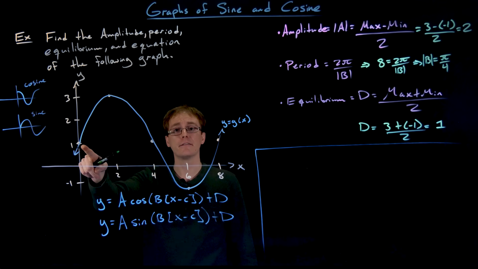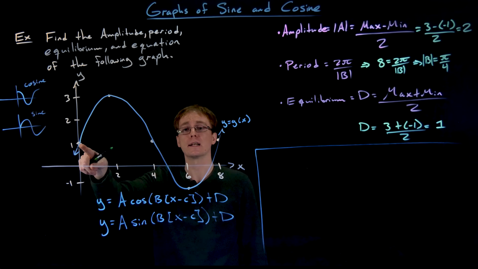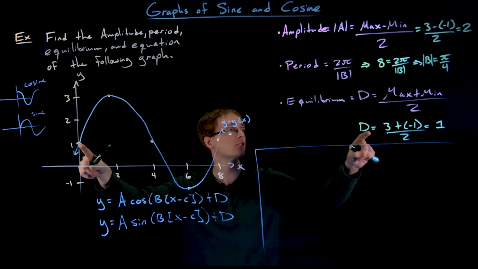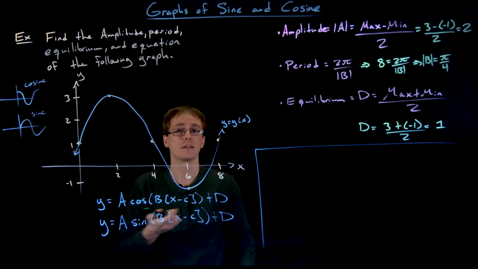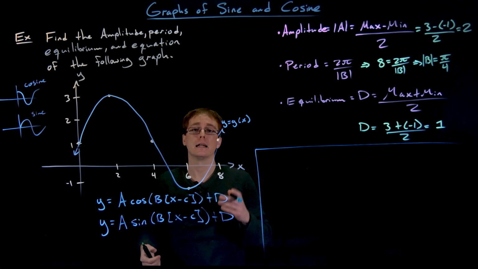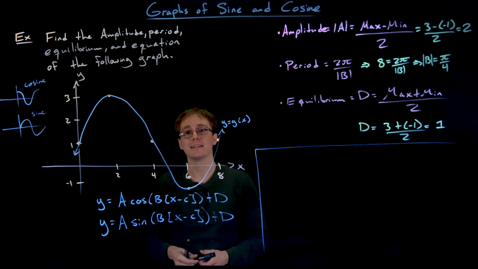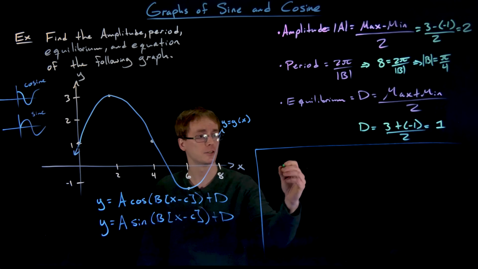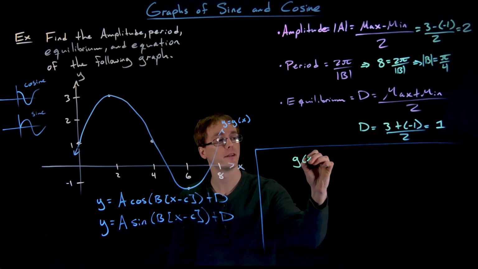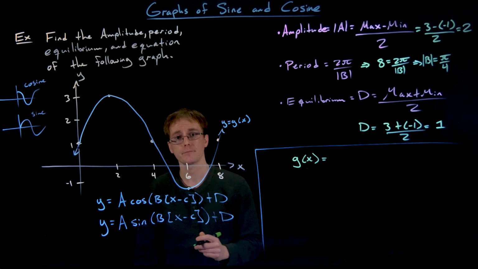Well, if we look at the behavior we described here, we're starting at the point 0, 1. That is our equilibrium or midline value, and we are increasing as we move past that point. Because of that observation, I think it's going to be easiest if we describe this function g of x as a transformed sine function.